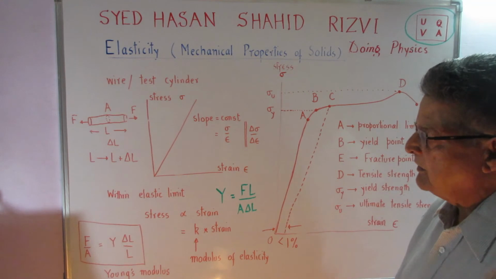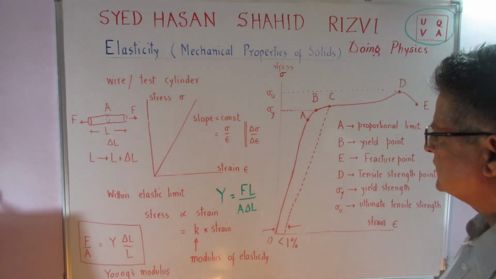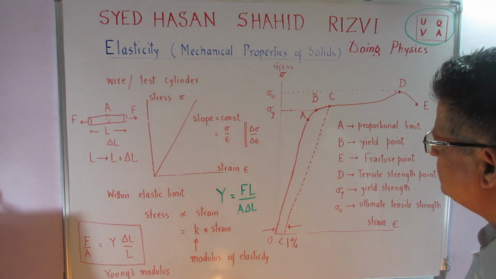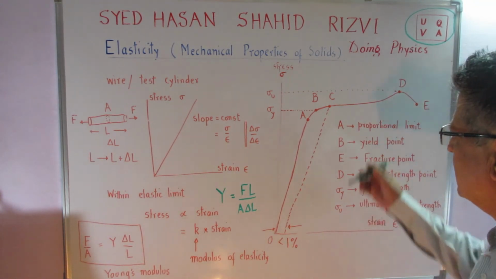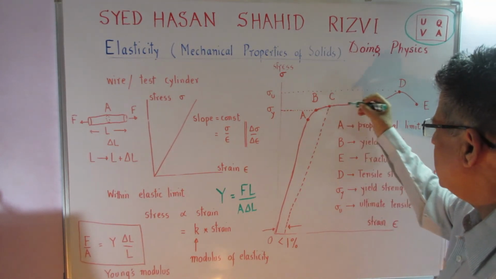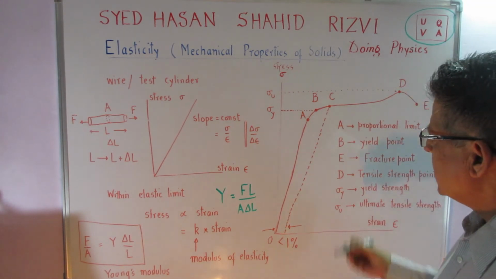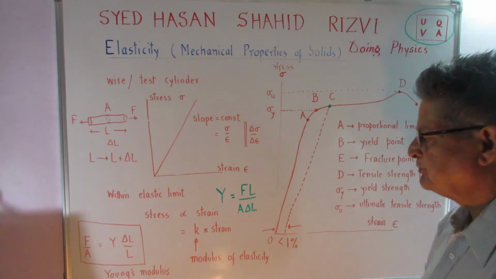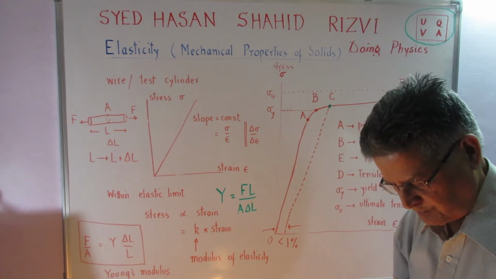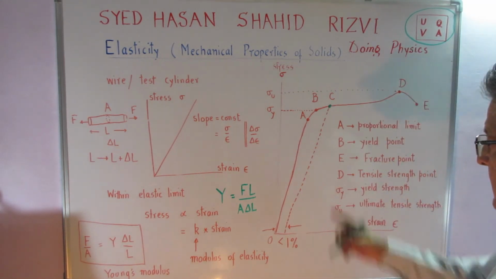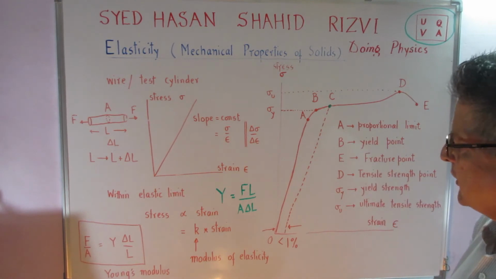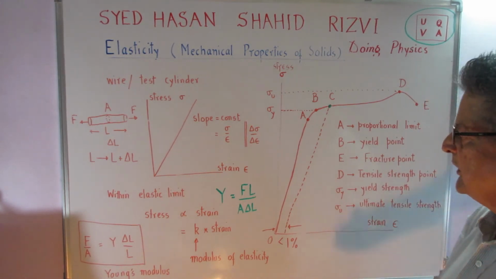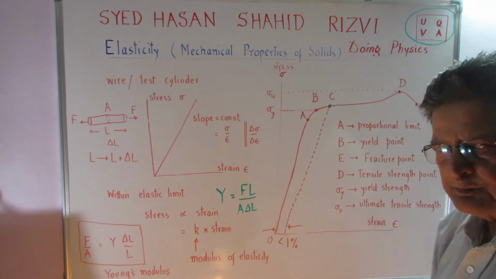We are just studying the case of this tensile system, and between the point B and the point D, if we take a point, for example C, up to the point C we start decreasing the value of the stress.